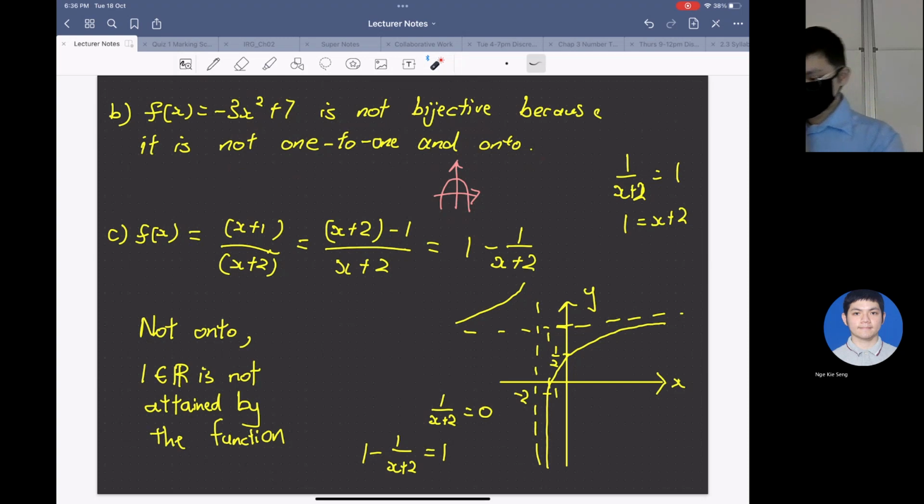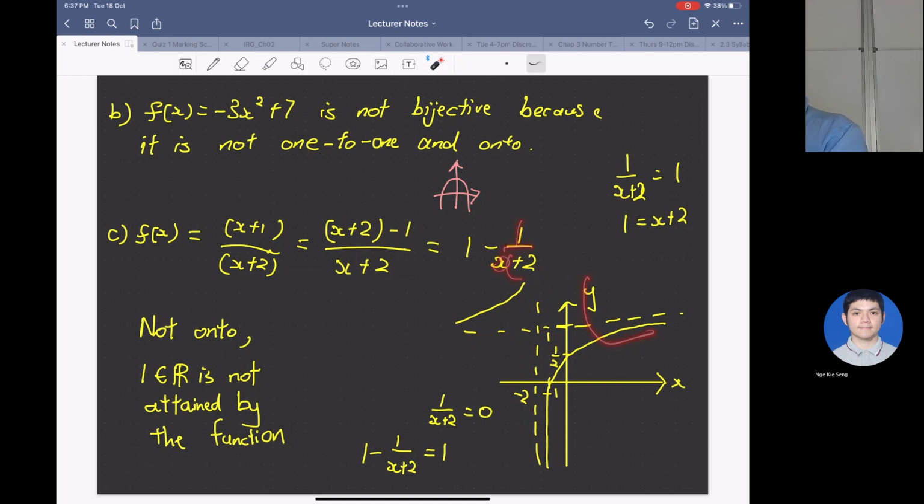Okay. And then C, this function is hard to interpret, so I make it into some elementary form. So it's 1 over x plus something on the y coordinate. Okay. So if I sketch this graph, it is the 1 over x graph.